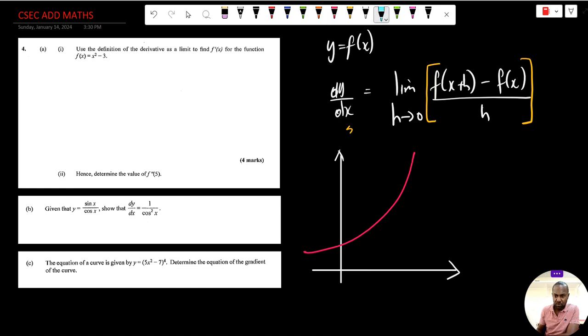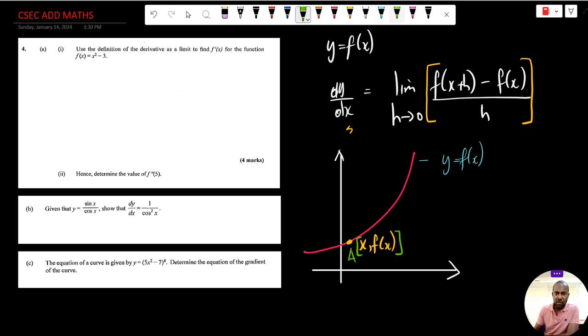Now let's say we have a point on the curve. Let's call it point A. The coordinates of this point are x, f of x.